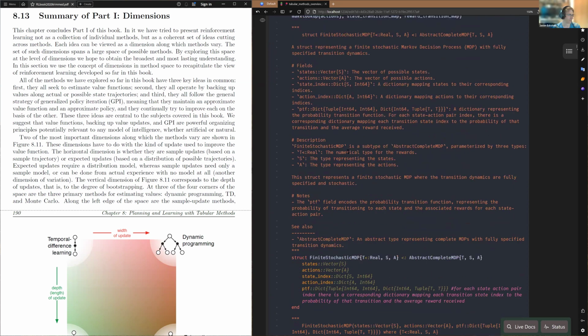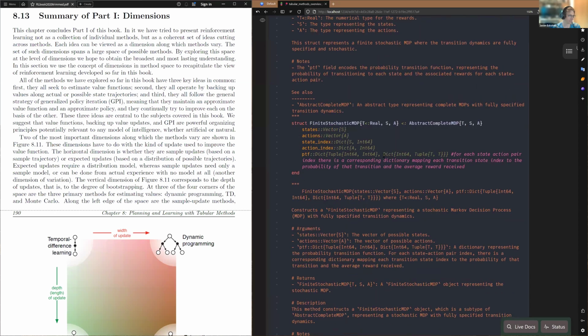And then for the stochastic MDP, it's a little more complicated because here, for simplicity, I'm representing it as a dictionary. This dictionary will map state action pairs to another dictionary, which will map all of the possible transition states and their associated probability and reward.